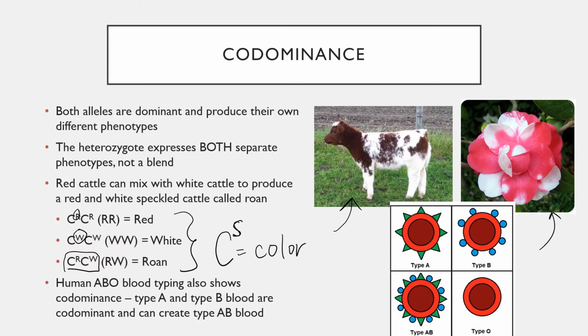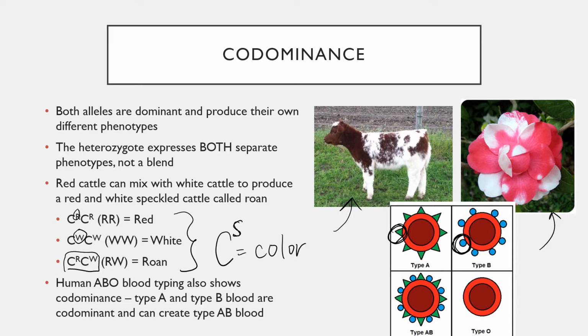An example that hits very close to home is the human ABO blood typing. You have type A blood, which shows one type of antigen on its surface, and type B blood, which shows a different antigen on the surface. These come back to surface carbohydrates.